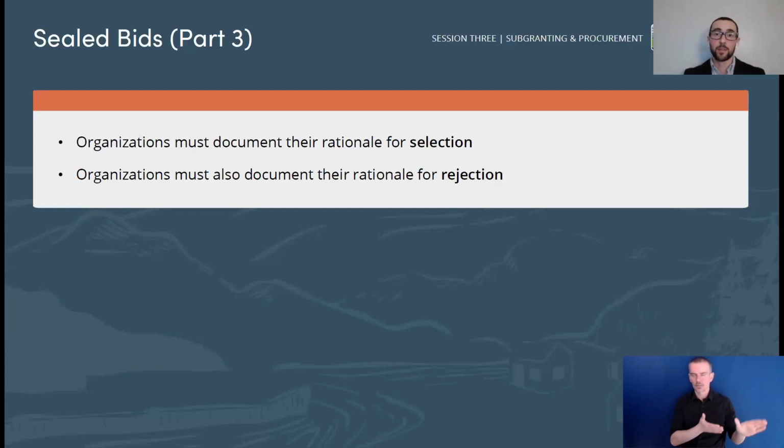So it had to be the lowest cost, but also the one that could meet all of the requirements that we listed in the RFP, request for proposal. So that's sealed bids in a nutshell. It's quite a bit that goes into it, but that's a general overview of sealed bids.